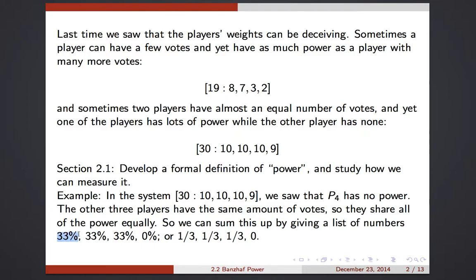So in this list of numbers here, we're saying that player 1 has 33% or a third of the power, player 2 has 33% or a third, and player 3 has 33% or a third, and player 4 has 0% or none. Okay, so that's the goal of this section. We want to actually develop a definition of power and make sure that that definition corresponds with how power plays out in examples like this.